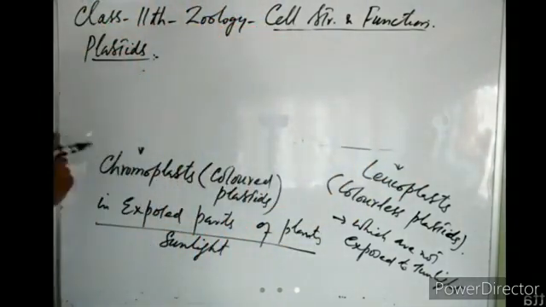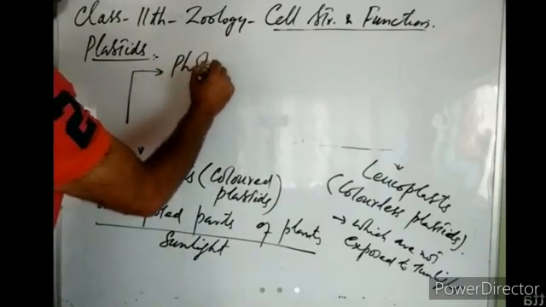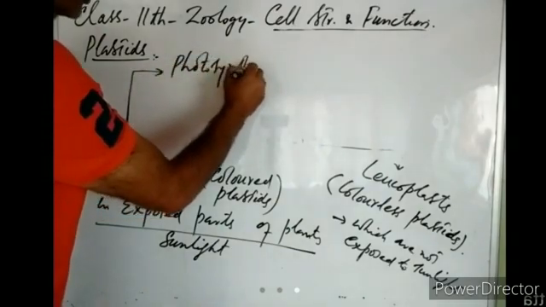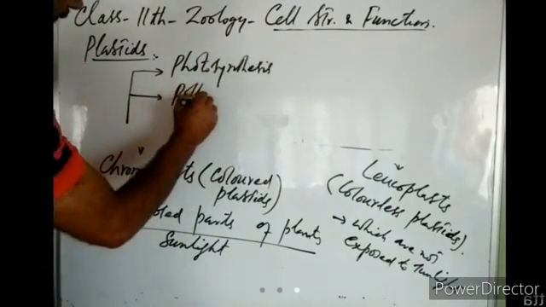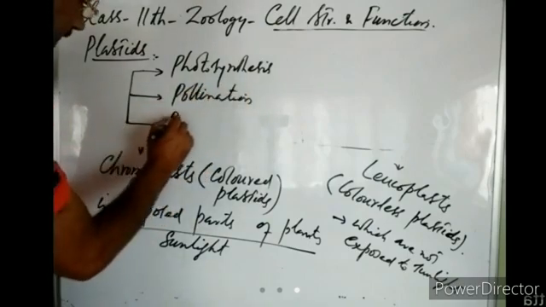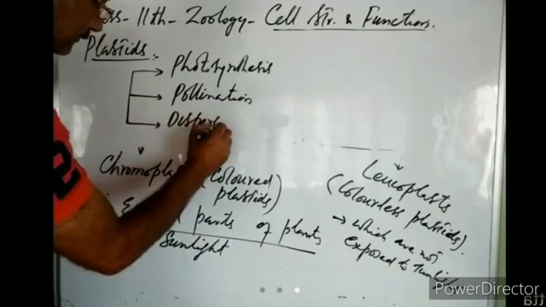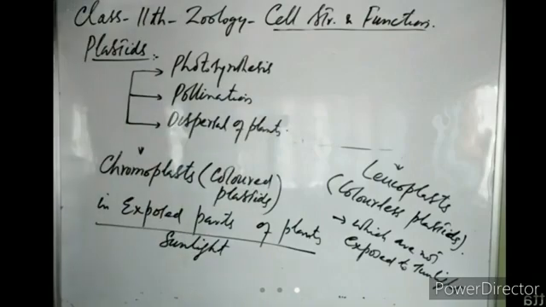Chromoplasts are involved in photosynthesis, in pollination, and in dispersal of plants. For example, chloroplasts possess green pigment, and in chloroplasts photosynthesis occurs.